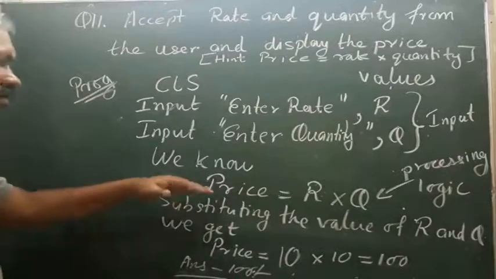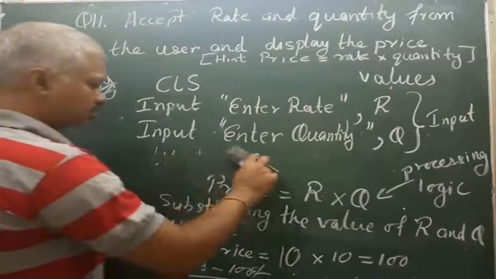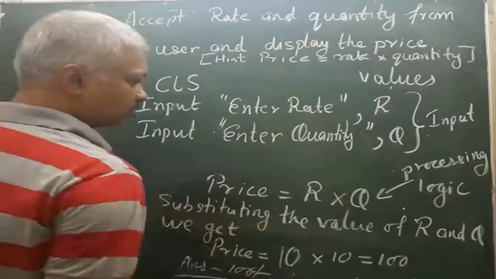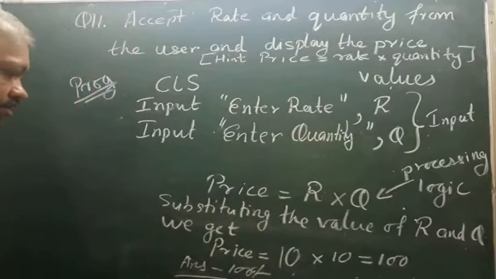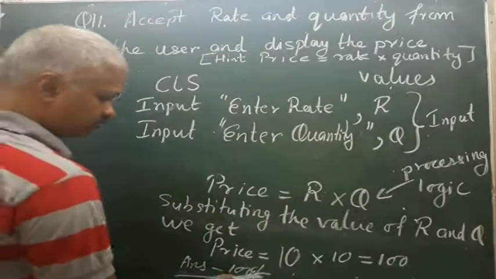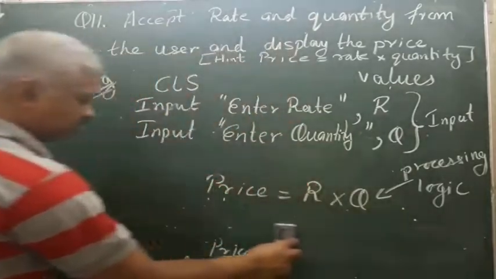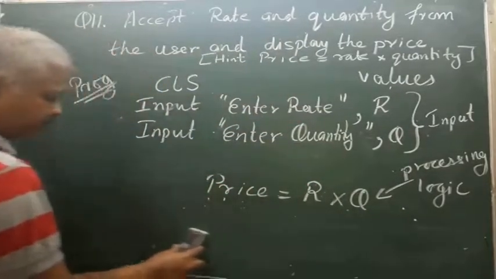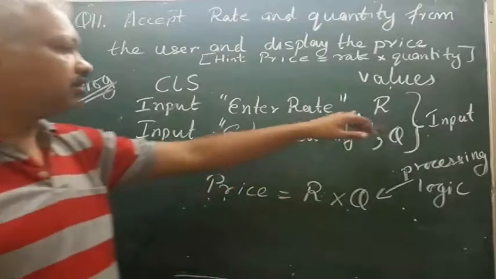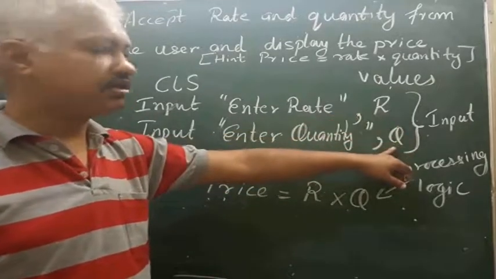Then this is the processing logic, so I will not do anything in that. Now the output is this one, so I write the output. Since here, as you know, what is a variable, this R and Q are the variables.